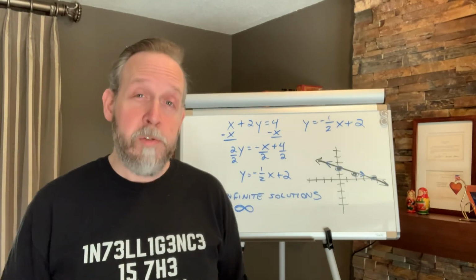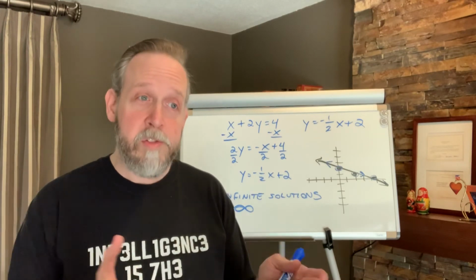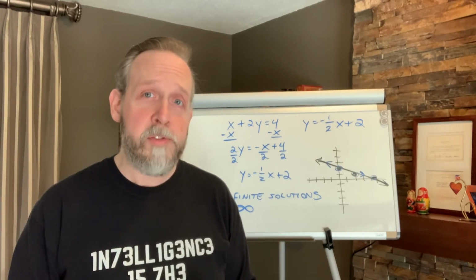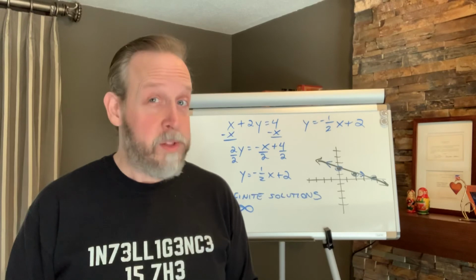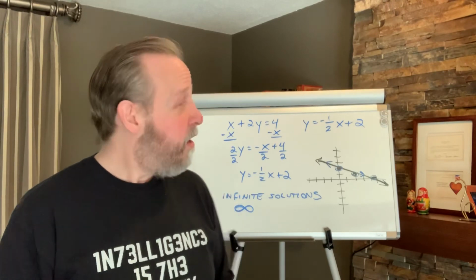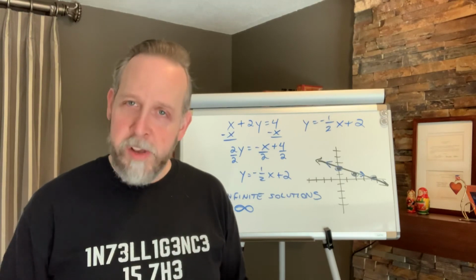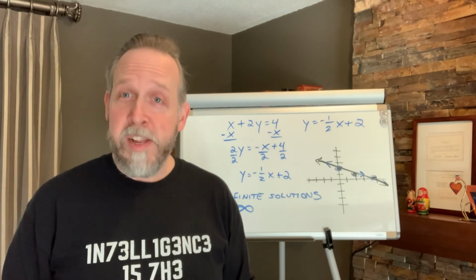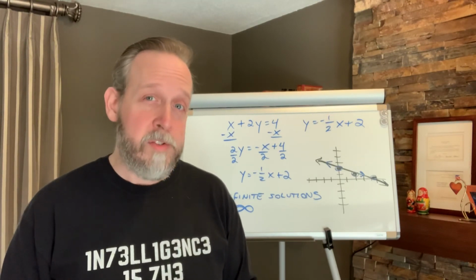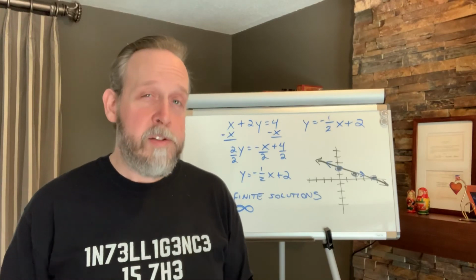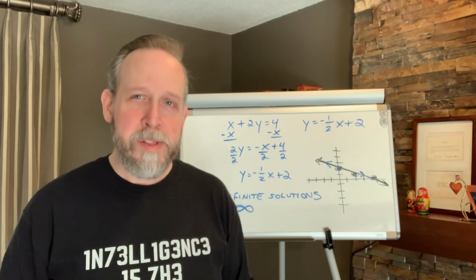The ones that cross one time, where there is a given solution, which is the coordinate where they cross, or the parallel system where they never cross, or again, the infinite solution where they are the same exact line crossing everywhere. That's today's lesson.